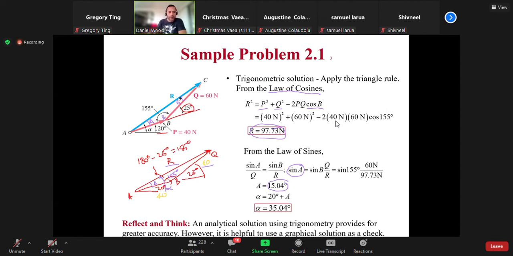So as it relates to this triangle, the law of sines says sine of B over R is equal to sine of A over Q is equal to the sine of C over P. So if I know three variables, if I know R, I know B, and I know Q, I can solve for sine of A. Same thing, if I had C, sine C, I could do that as well. Does that make sense, Valraj?